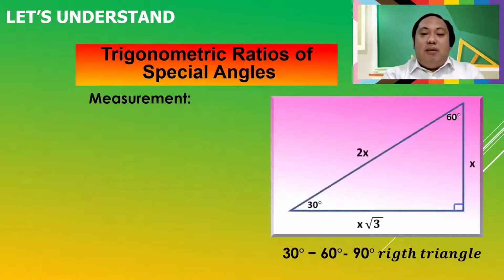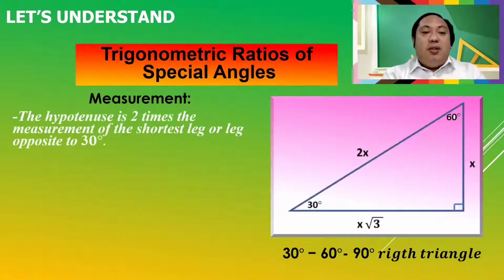Next, let's have the measurement of the 30-60-90 right triangle. The hypotenuse is 2 times the measurement of the shortest leg, or the leg opposite to 30 degrees. So we have the shortest leg as x, then we have the hypotenuse as 2x.